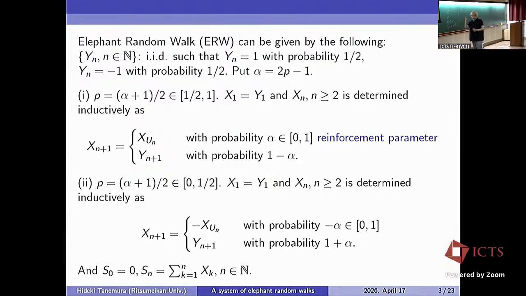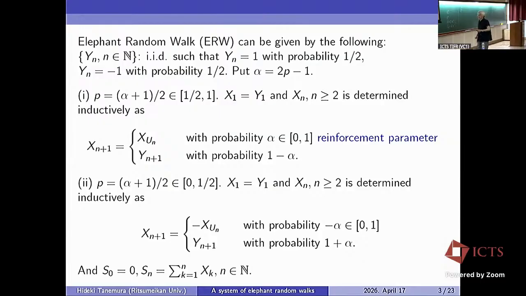Reinforcement in the opposite direction against the previous steps. And otherwise it is the random walk case. So this is positive reinforcement, and this is negative reinforcement.